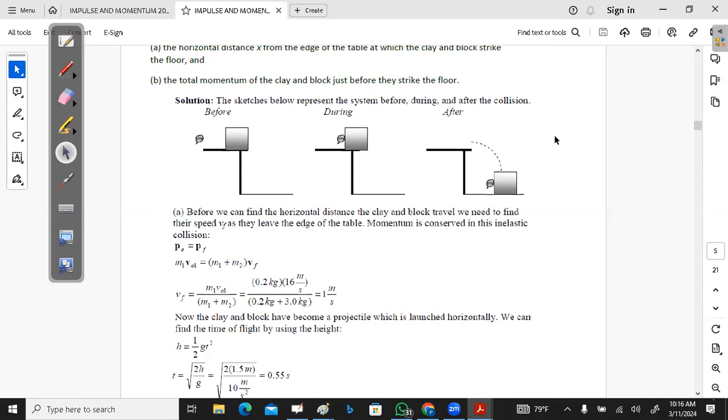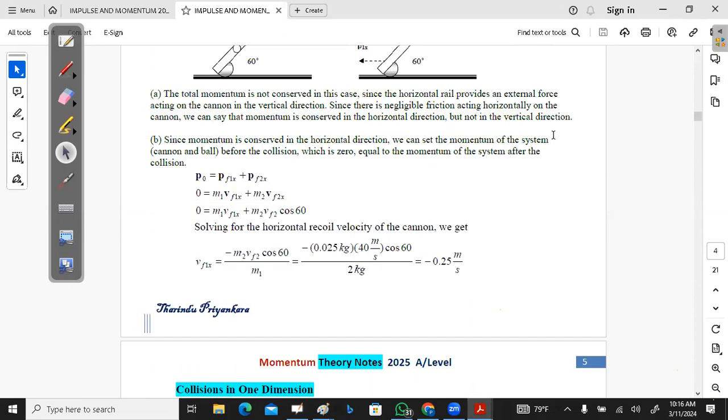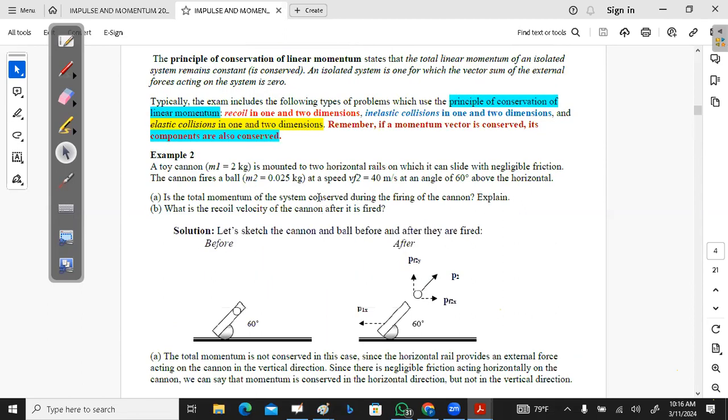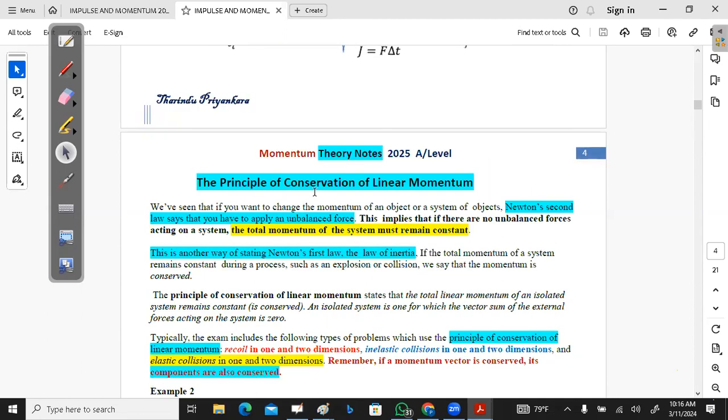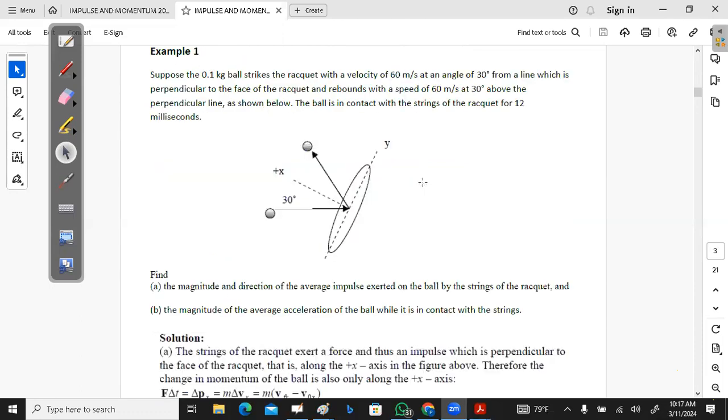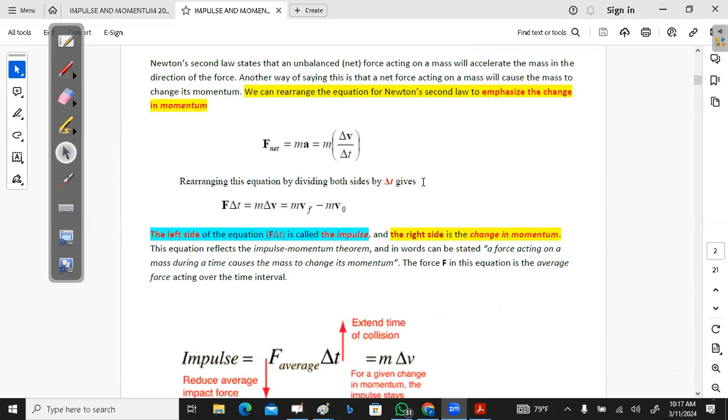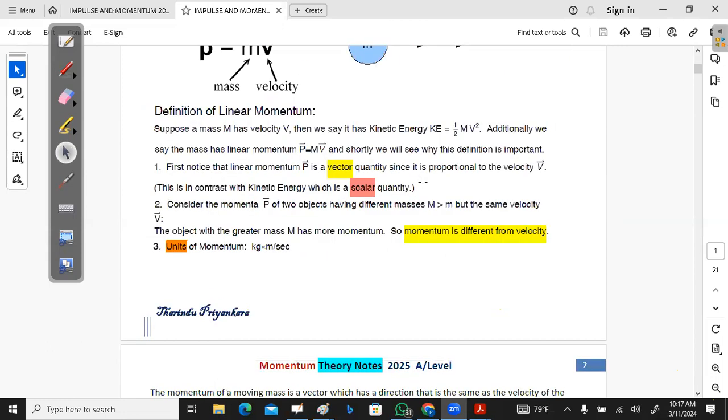That theory is called the law of conservation of momentum and collisions in 2 dimensions. This is what we are going to learn next week. Don't be in a hurry to learn that part. The impulse and everything we are also going to learn next week.